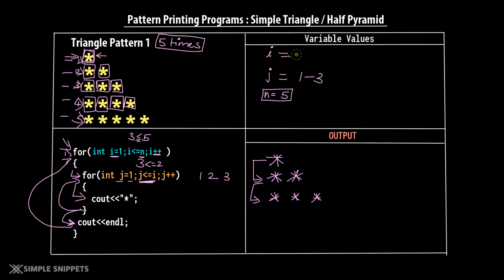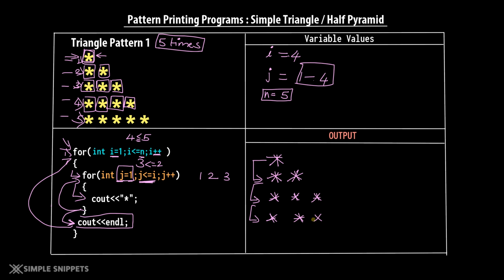When i becomes 4, 4 is still less than or equal to 5, then j will now go from 1 to 4, right? j will start from 1 always, but it will always be less than or equal to i. i is 4, so it will run from 1 to 4 and 4 times the pattern will be printed on the next line. And the reason why we are going on the next line is because of this instruction cout endl, right?